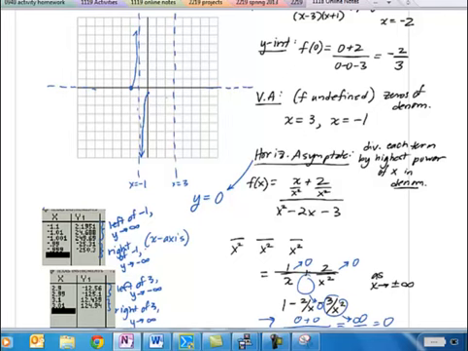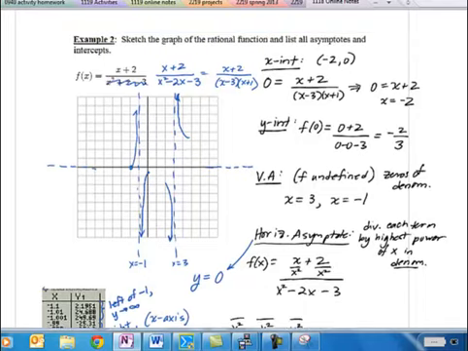So we've got this direction to the left of 3 and this direction to the right of 3. That is enough information together with the multiplicity of the zeros to be able to figure out what the rest of this graph looks like.